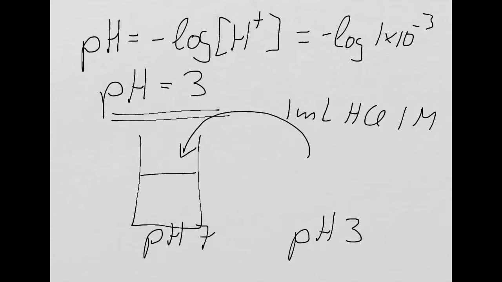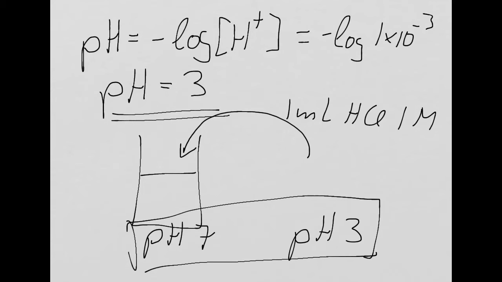Just by adding 1 milliliter of hydrochloric acid, the pH changes dramatically. Wouldn't you say so? It's a big change. Okay, now we do the same thing, but instead of pure water, we take a buffer. So now with buffer.